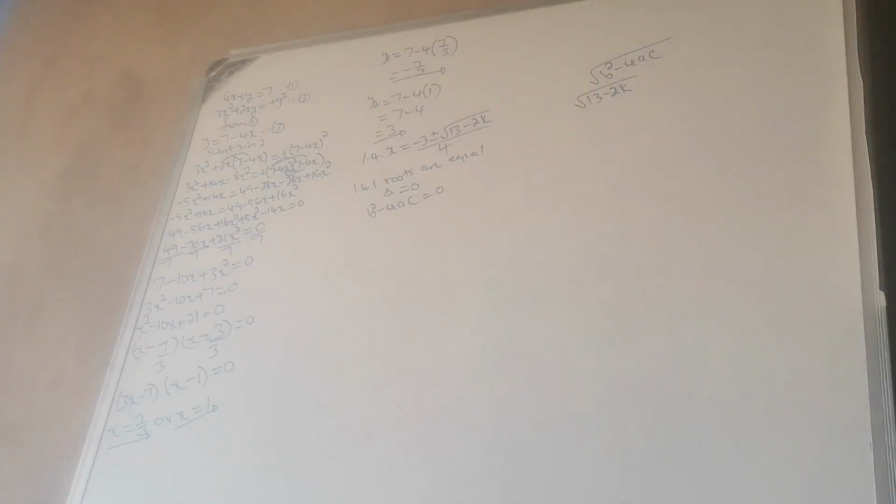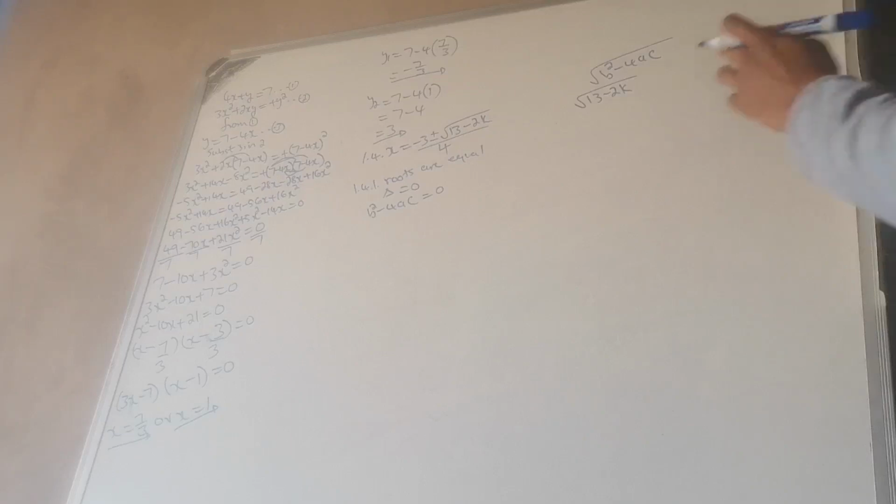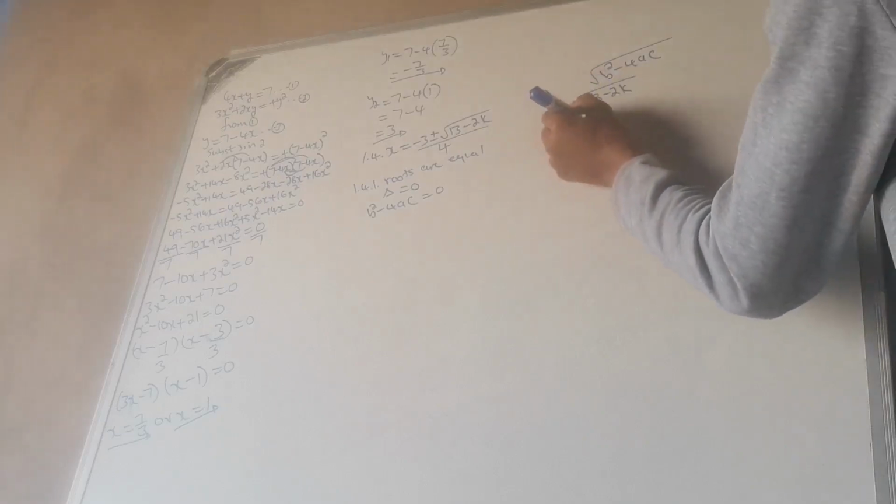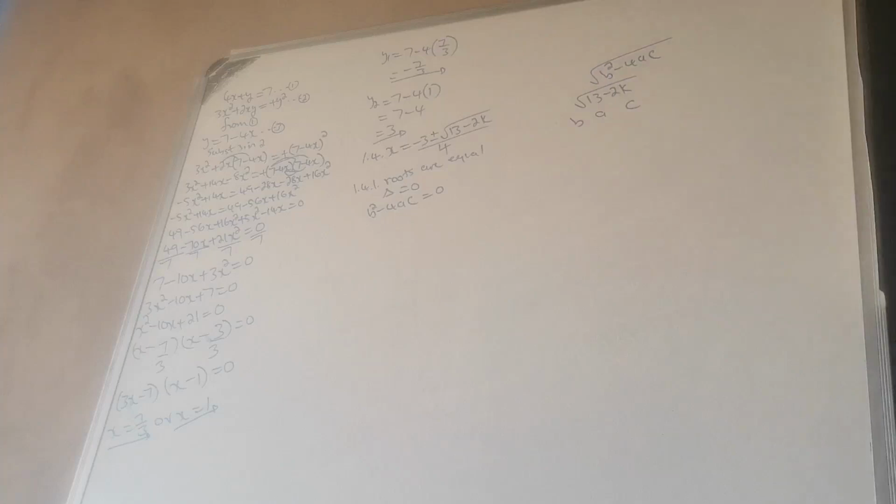The discriminant, the delta of the equation, must be equal to 0. And what is this discriminant? It is the value under the square root, which is given by b squared minus 4ac. Now in this, what is b, what is a, and what is c? This is my question.